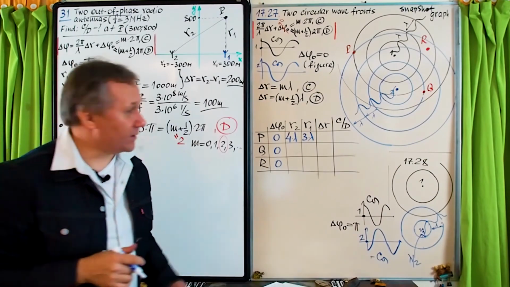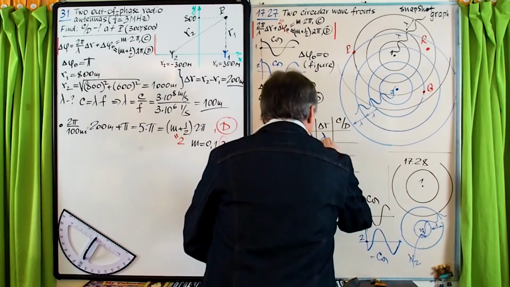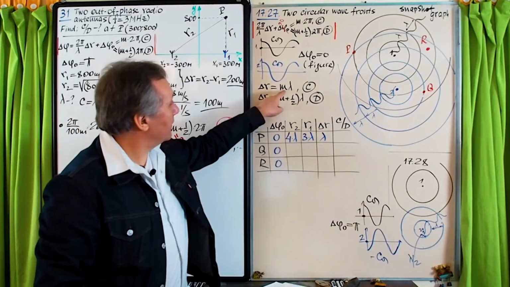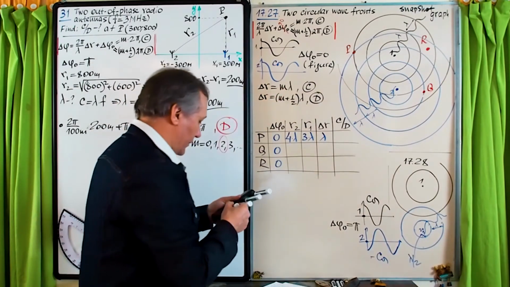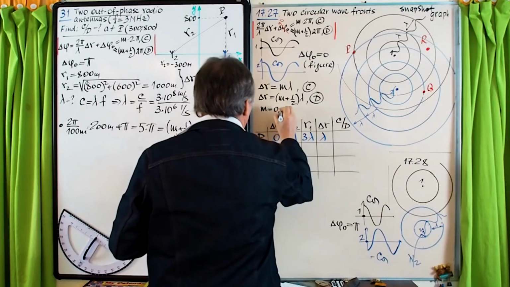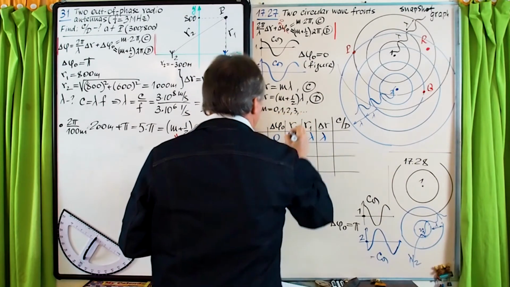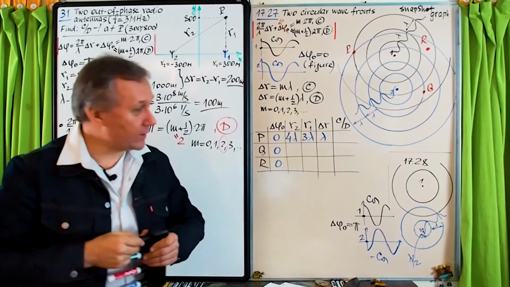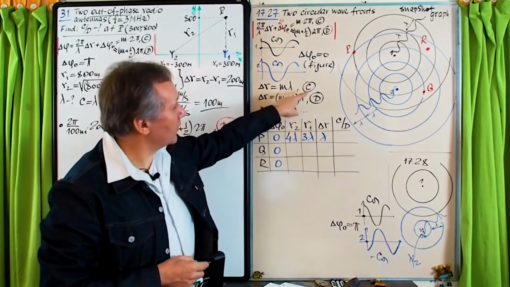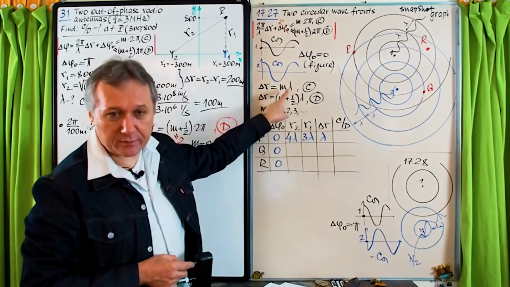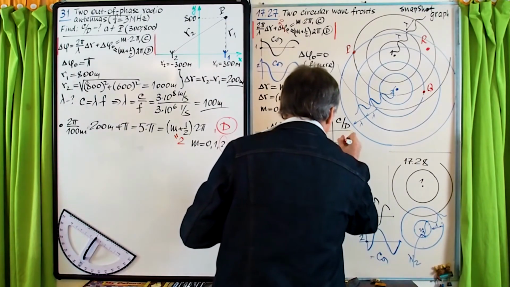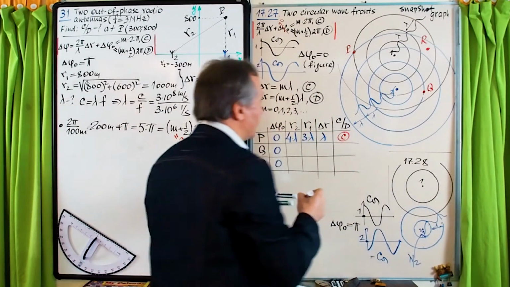It's R2 minus R1, which is lambda. Lambda times M, where M equals 0, 1, 2, 3, and so on. So in our case, for point P, M equals 1, and we're getting constructive interference.